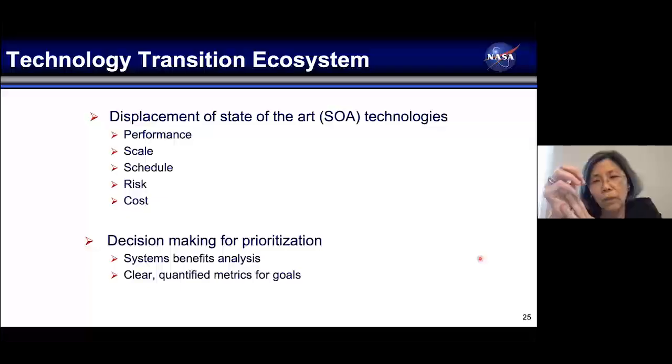And we're able to do that in a relatively short period of time instead of waiting decades by making decisions for prioritization based on systems benefits analysis, so that we can have clear and quantified metrics as our goals, so we can measure progress and not wave our hands and say, oh, it's significant benefits.